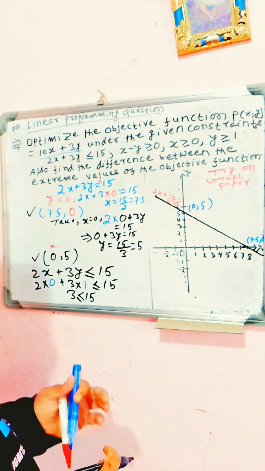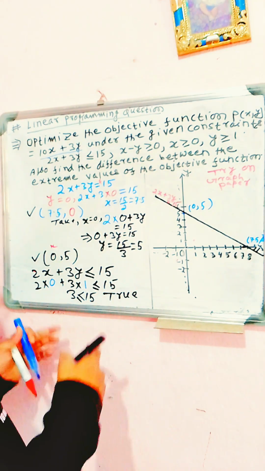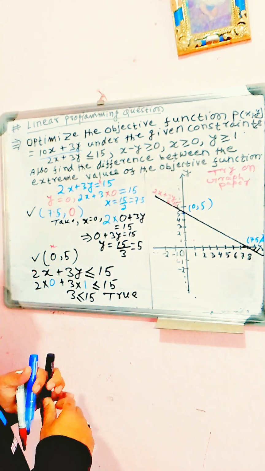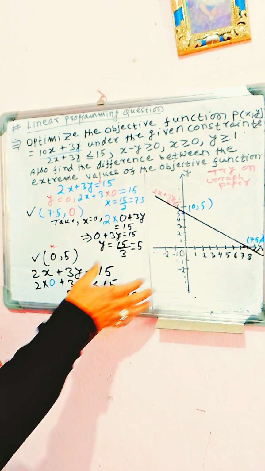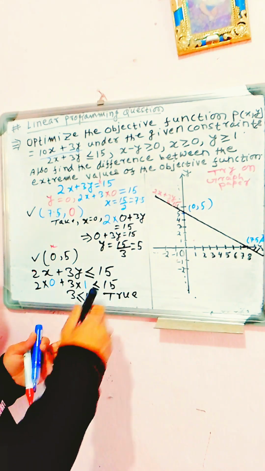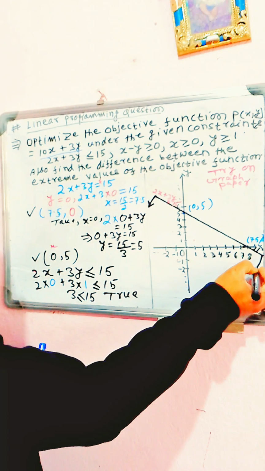Is this true or false? This is true. So when you find this true after putting constant values for x and y in the inequality, that means this line contains the origin. So obviously the direction of this line will be towards the origin.